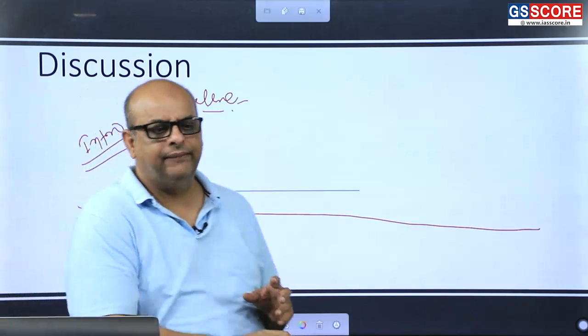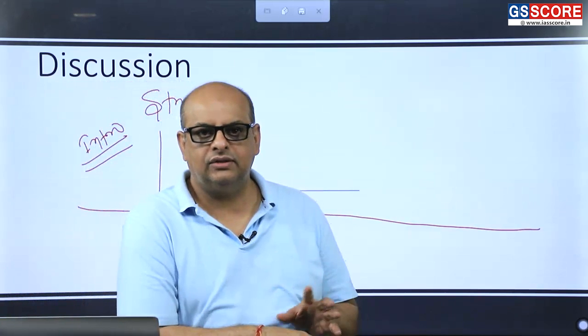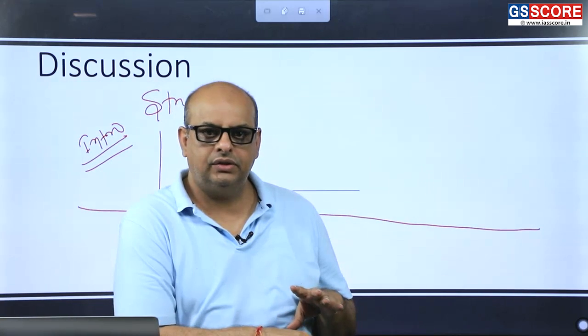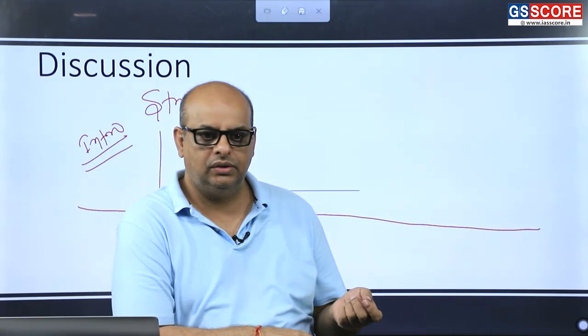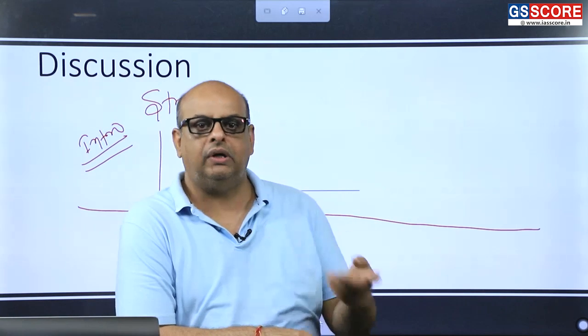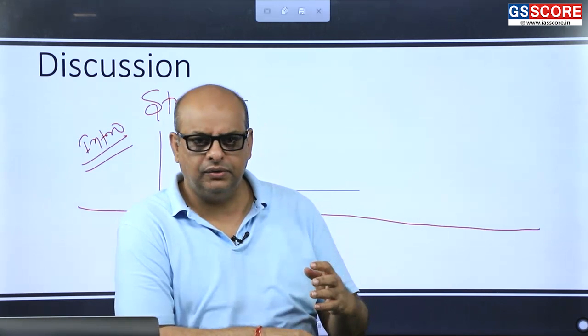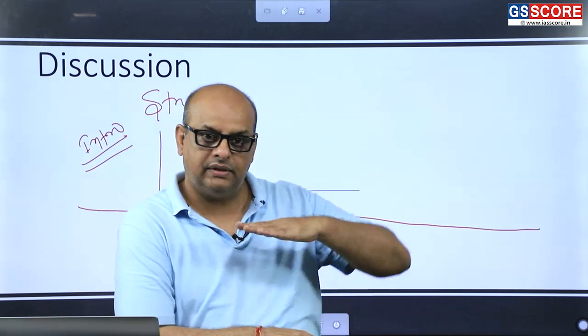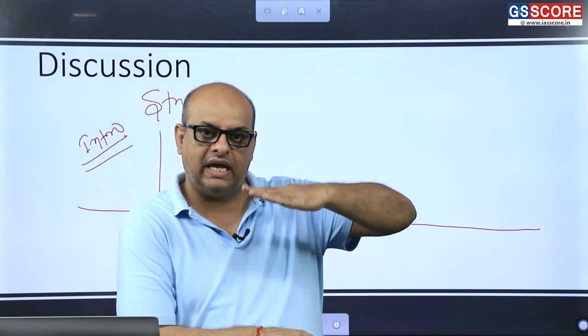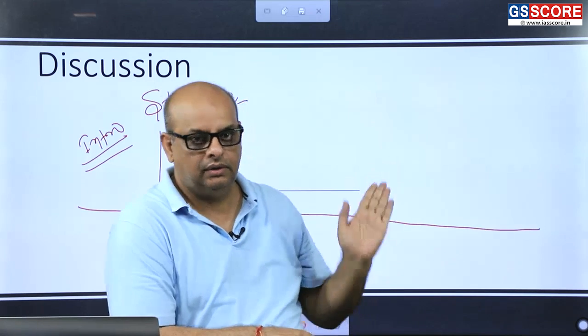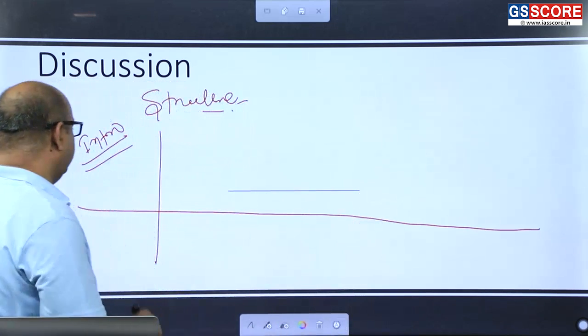Just 2-3 sentences about the crux of the story. If it is related to child labor and you want to talk something beyond that, like what the ILO report says, you are free to do so. But always try to keep it close and relevant to the problem statement. So this is the introduction.